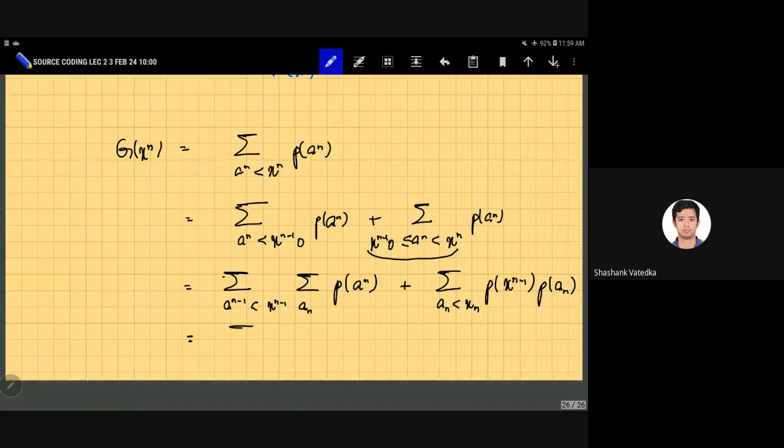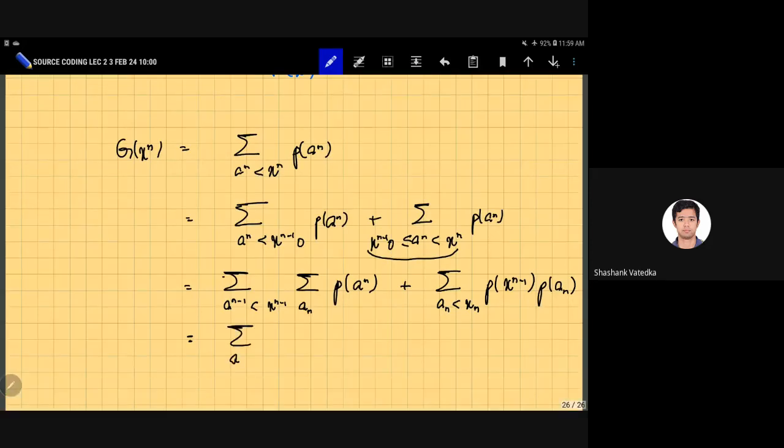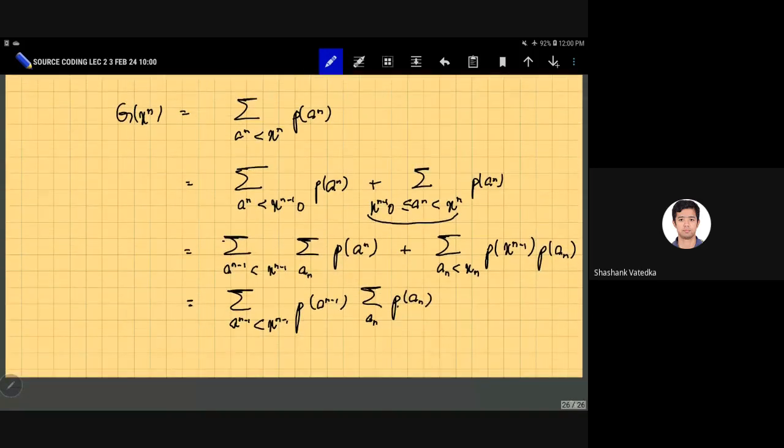Okay, so I'm going to split the first term once again. a^(n-1) less than x^(n-1), and p of a^n can be split as p of a^(n-1) times p of a_n. All right, so this is this plus p of x^(n-1) times the summation over a_n less than x_n of p of a_n.